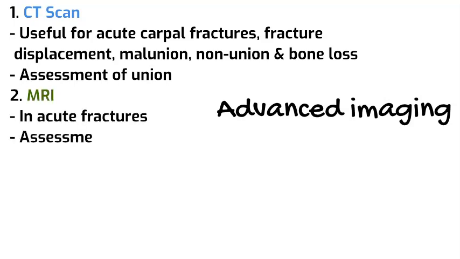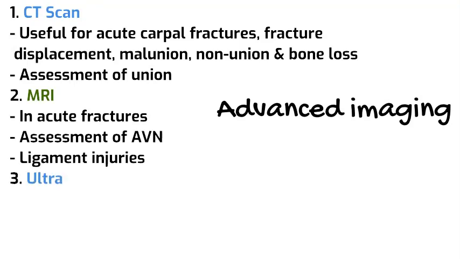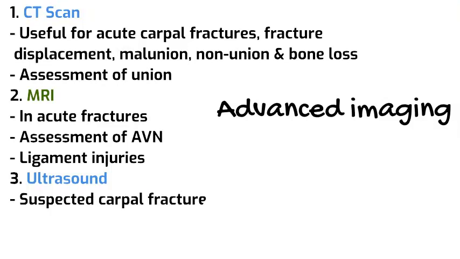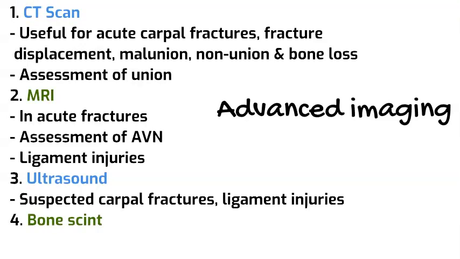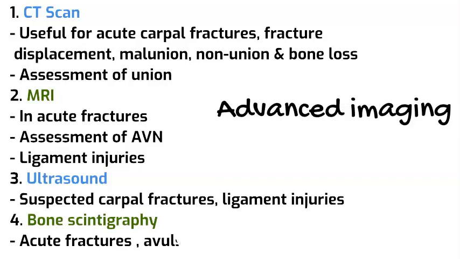In acute fractures, in assessment of avascular necrosis, and any ligament injuries. Number 3, ultrasound. Suspected carpal fractures, ligament injuries. Number 4, bone scintigraphy for acute fractures or avulsion fractures.